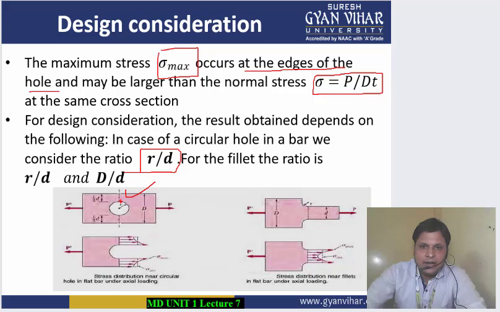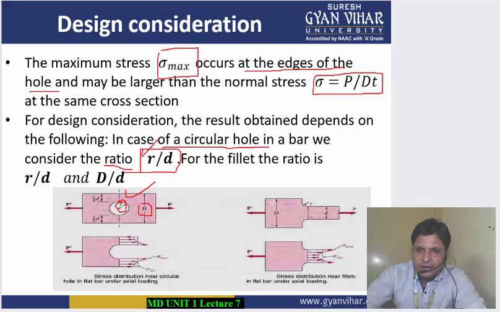R denotes the radius of this hole, and D denotes the thickness of this plate. So this particular ratio is important for the design considerations of a plate with a circular hole.